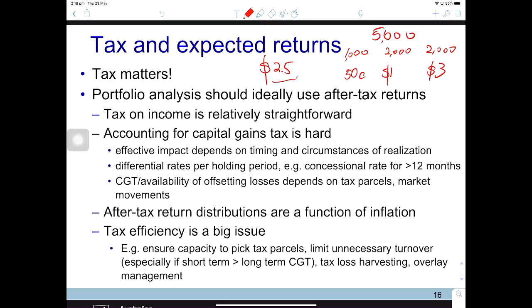So which one are you going to choose? The 1,000 shares with a purchase price of 50 cents, or the 1,000 shares with a purchase price of $1, or the 1,000 shares from the inventory that you purchased at a price of $3?